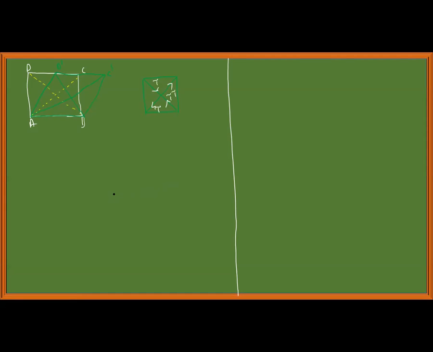Now, if I call this gamma, we know that the change in angle is our shear strain. Tan gamma is given by CC dash by BC.